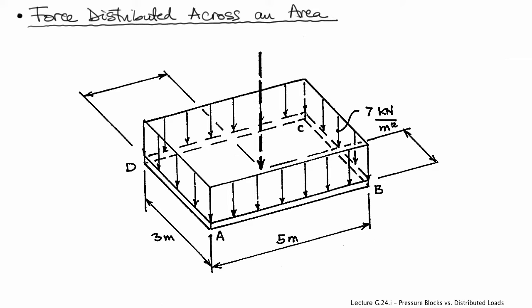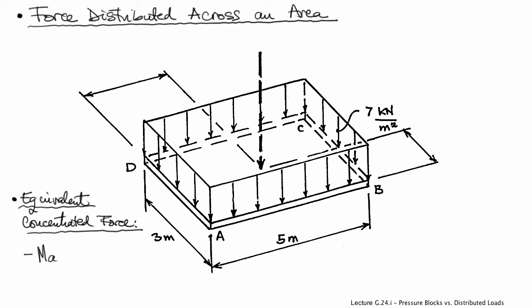If the classroom is full with students standing very close to each other, they're exerting a force that's distributed across an area, somehow like the one that you can see in this diagram. So here you can see that the force is distributed both in the AB direction and in the AD direction, so across the ABCD area.